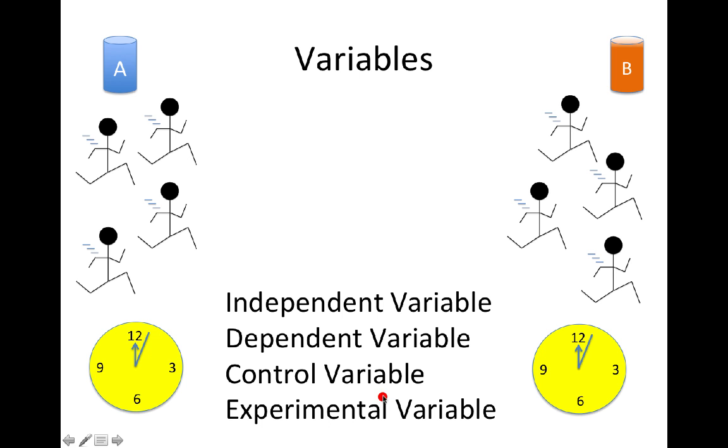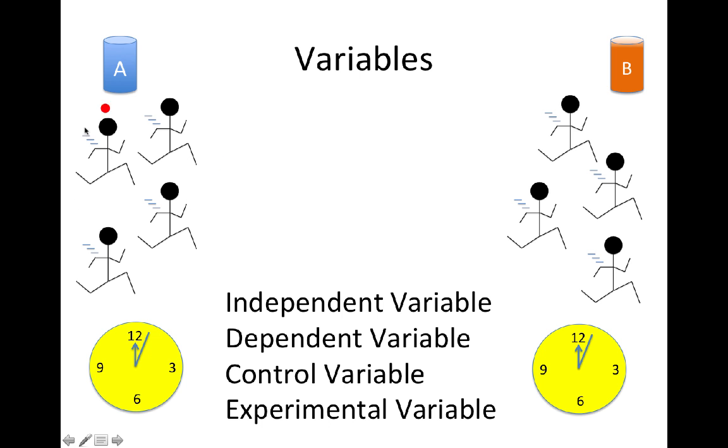Control variables then will be everything else in the experiment that could possibly change, but that you don't want to change. So these are going to be things that you keep the same. Everything else in drink A is going to be the same as in drink B, except B has caffeine.